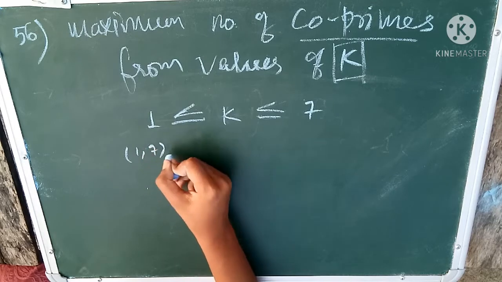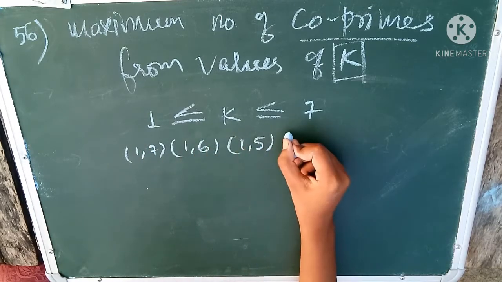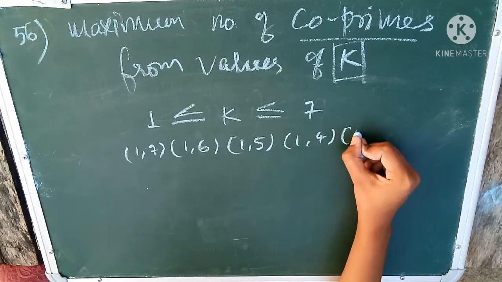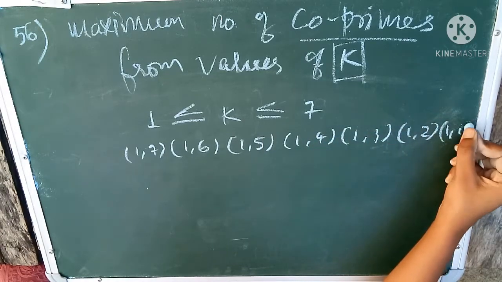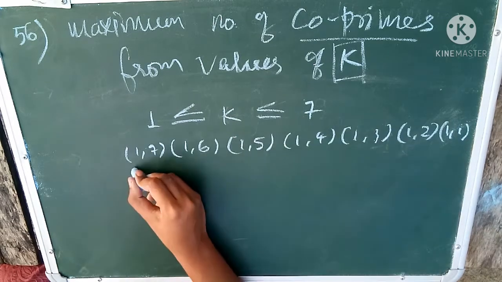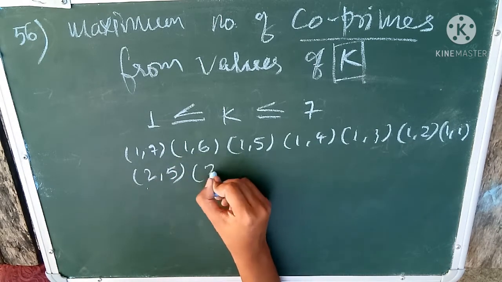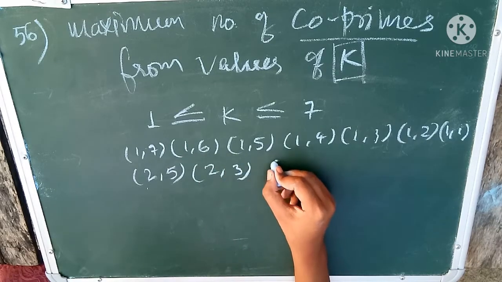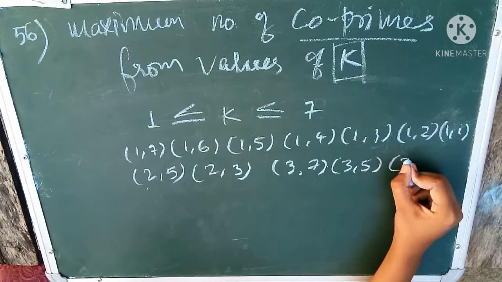Between 1 and 7, we have the pairs 1 and 7, 1 and 6, 1 and 5, 1 and 4, 1 and 3, 1 and 2. With 2 we have 2 and 5, 2 and 3. With 3 we have 3 and 7, 3 and 5, 3 and 4.